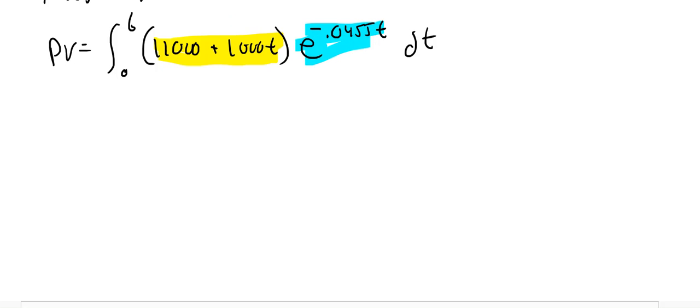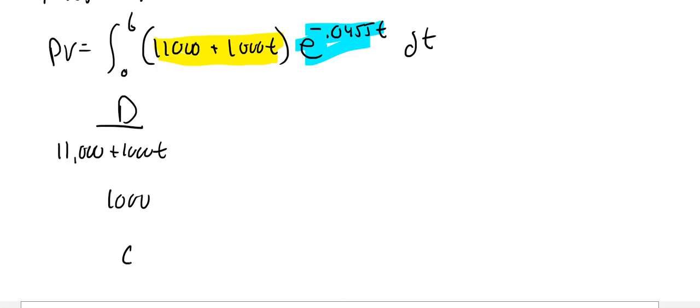We have two different functions of t, this linear function and the exponential function. So what we want to do is have D always be the algebraic one. And remember what we do, we just take the derivative of that until we can't do it anymore. And we put a negative out here. And then we have our I, and that's e to the negative 0.0455t.